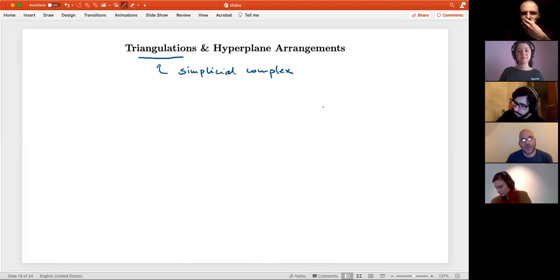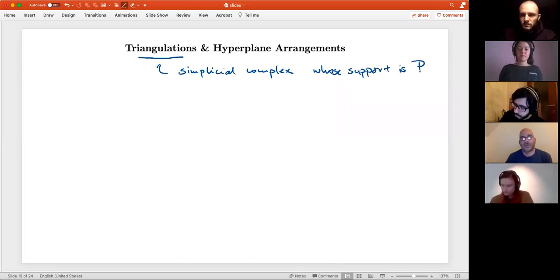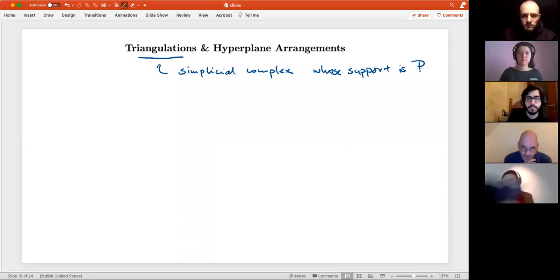And so we say we have a triangulation of a polytope if I have a simplicial complex whose support, the union of all the simplices, is the polytope. So this is a triangulation.